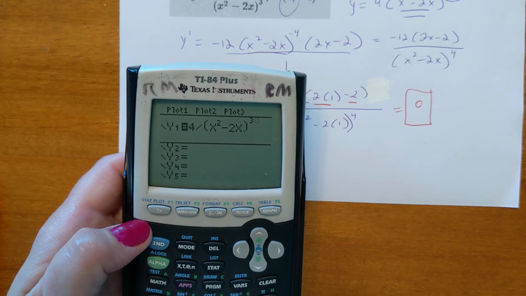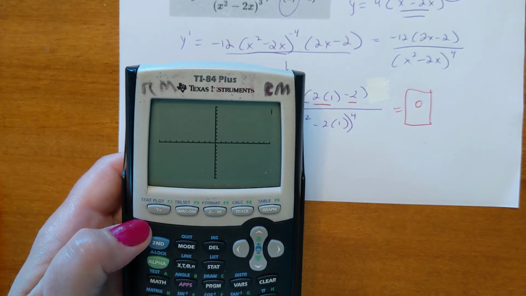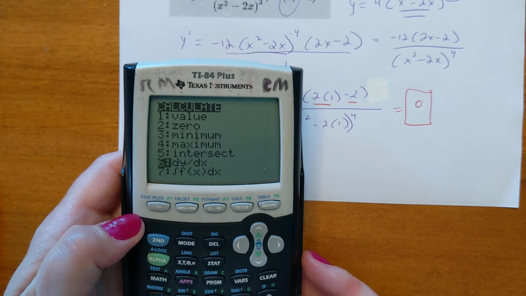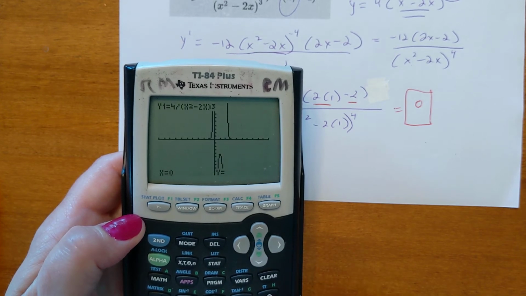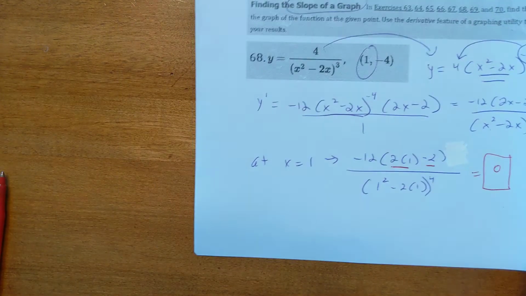Let me look at it here. Yep. All right, graph. And again, we wanted to know when x was 1. So go to second, calculate, down to choice number 6, dy over dx. And I'm going to enter the number 1. And it says 0. So we did it right.